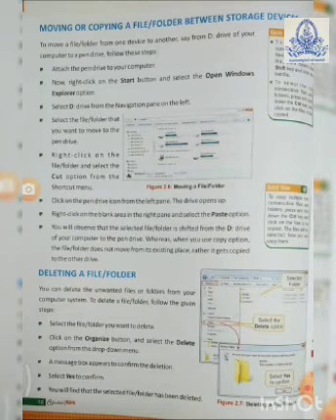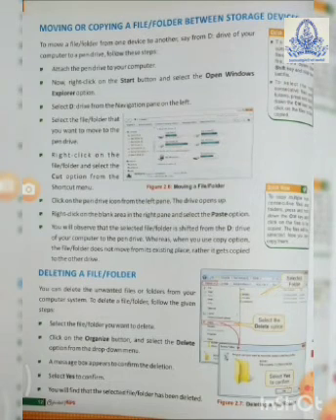Coming to deleting a file or folder. Okay, so how to delete a file? Suppose you made one file or folder wrongly, that thing you want to delete. So what do you have to do? Just click on your file or folder with your mouse, then right click, the delete option is there. If you press shift delete, the file will be deleted permanently.